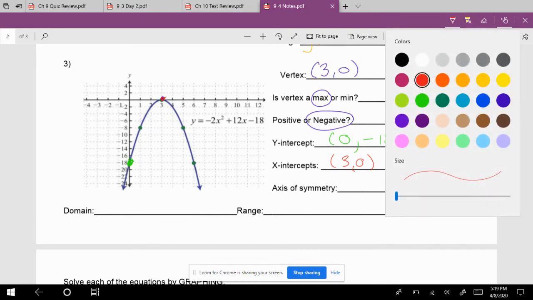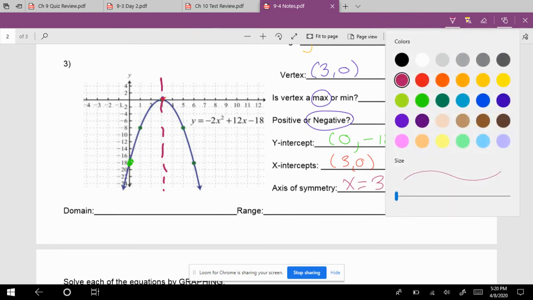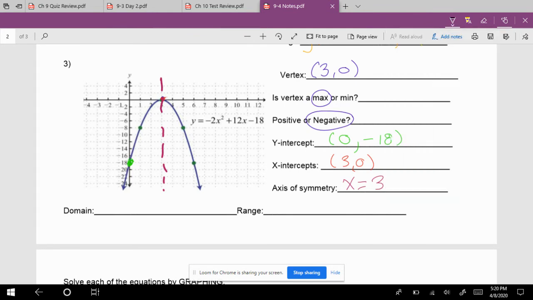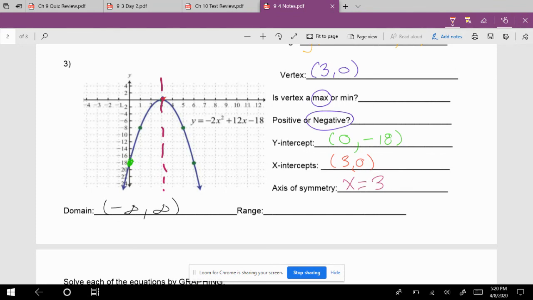Okay, axis of symmetry. If we draw that vertical line in that would cut this parabola in half, that equation would be x equals 3. All right, domain and range. Domain would be all real numbers, which is negative infinity to positive infinity. And then your range.